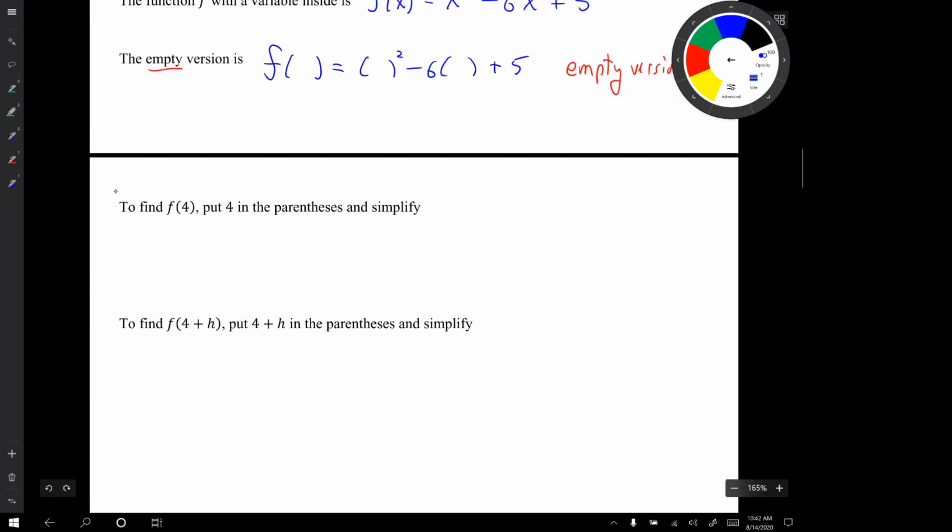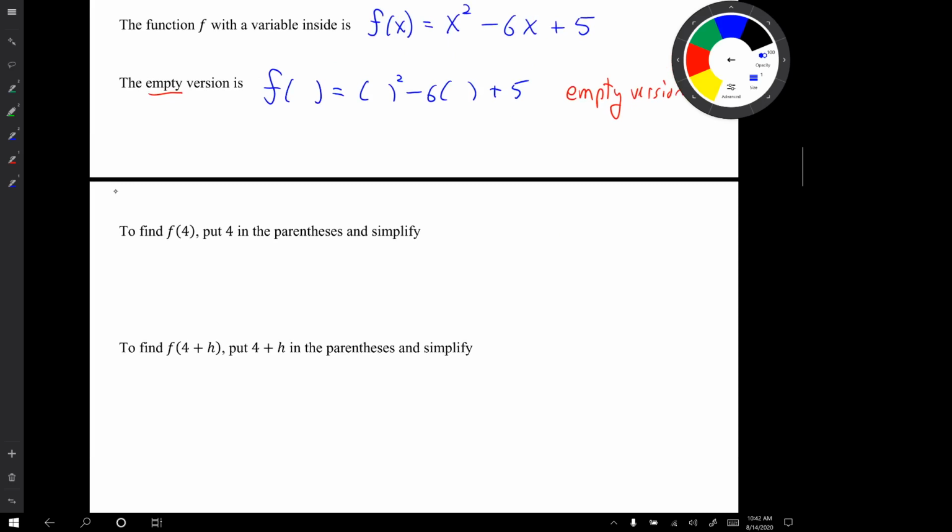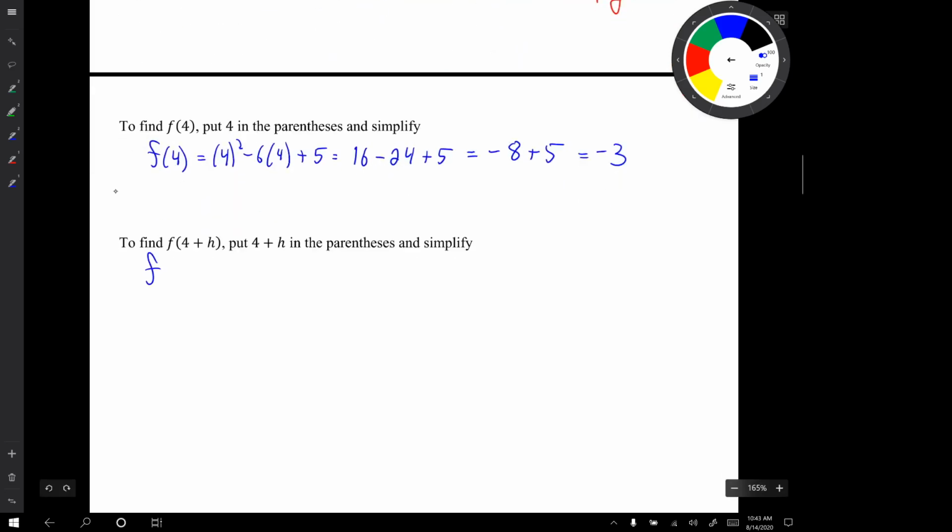Now, to find f of 4, we just put 4 in the parentheses and simplify. F of 4 equals -3. To find f of 4 plus h, we put 4 plus h in parentheses and simplify.